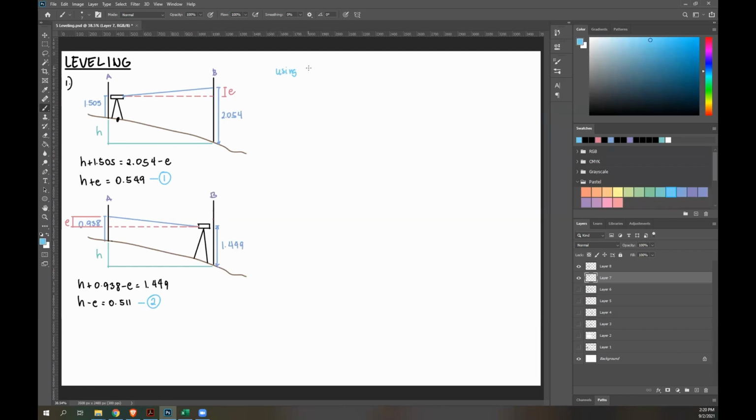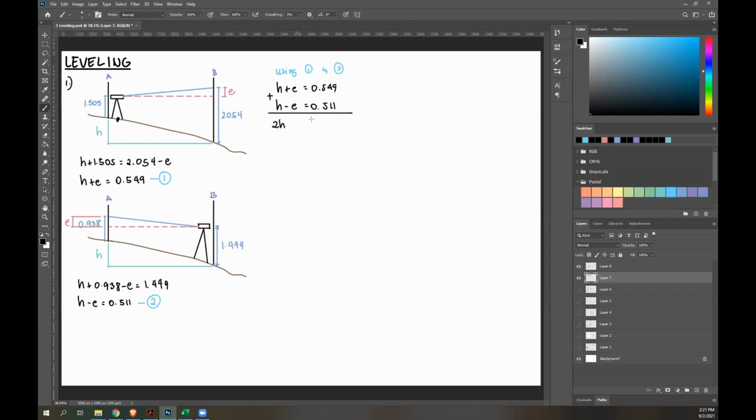To do that, I'll use your equations 1 and 2. So h plus e equals 0.549. h minus e, 0.511. To eliminate e, since I just want h, I'm going to add these two.